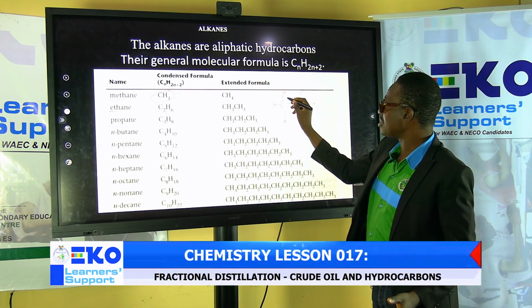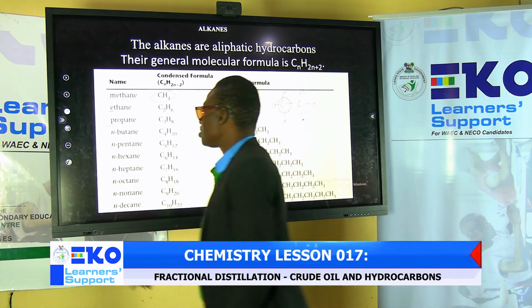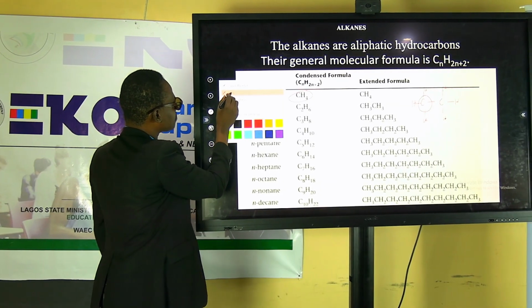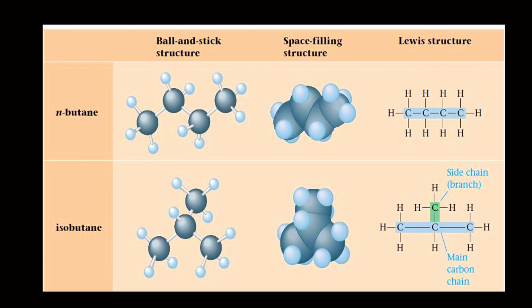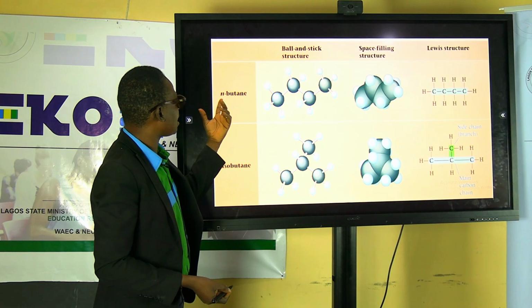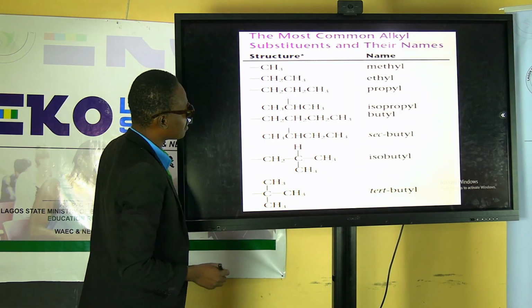And when you look at the carbon, it's surrounded by how many bonds? 4. So please, I want you to just try to understand this. Good. So you can have this, the ball and stick structure. And that is what? The Lewis structure for this particular compound called what? Butane.